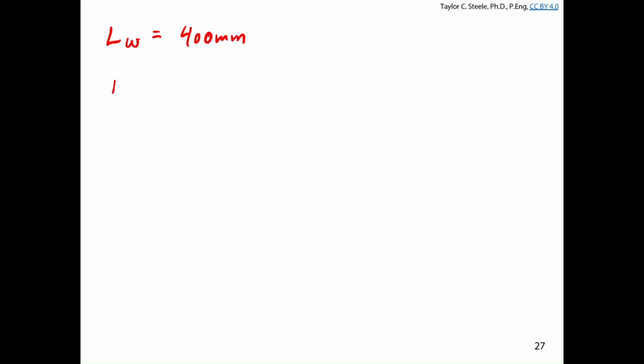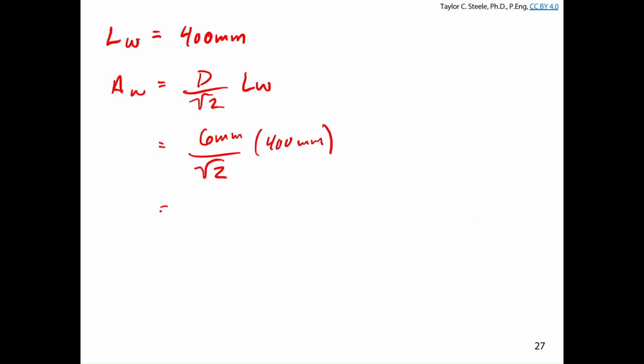The area of the weld is d over root 2 times Lw. The size of the weld is 6 millimeters, divided by root 2 because we're not given the throat dimension, we're given the leg length, times 400 millimeters. We get an area of weld for the welds loaded in direct shear of 1,697 millimeters squared.